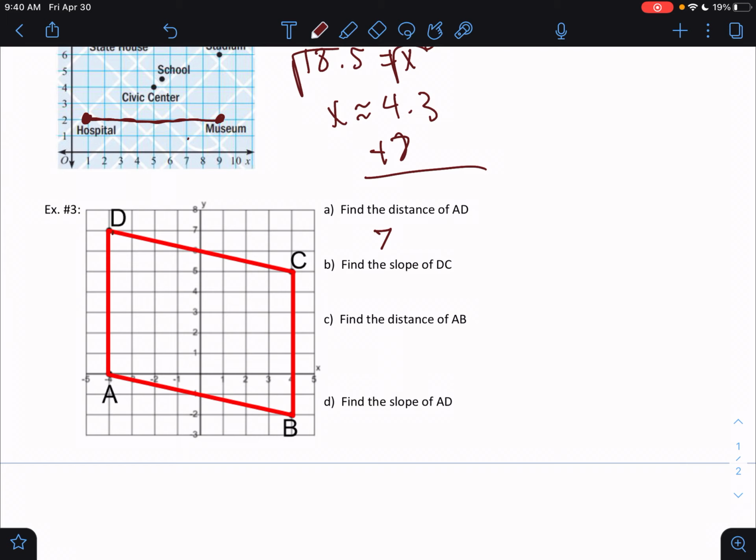So from D to C, we go down 2 and then over 1, 2, 3, 4, 5, 6, 7, 8. So 2 over 8. And since we went down 2, it would be negative, and we went right 8, so that would be positive. So negative 2 over 8, which is negative 1/4.